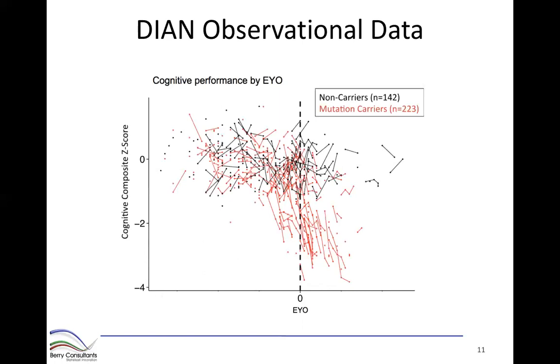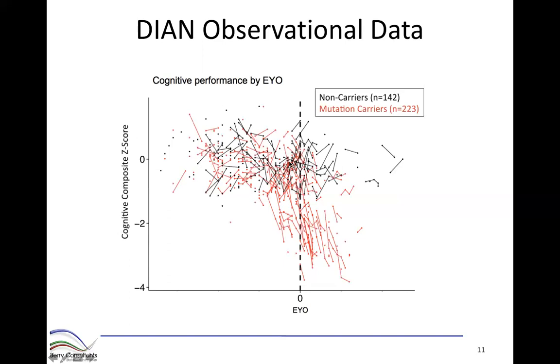As I mentioned before, based on when the parent with the same mutation got Alzheimer's, we can have a priori an estimate of when each of these patients will develop Alzheimer's, or have onset. On the y-axis, we have the cognitive composite z-score. So this is any sort of composite where we combine different cognitive tests and how subjects score on those tests. As this declines, a subject is worsening in their cognitive abilities.